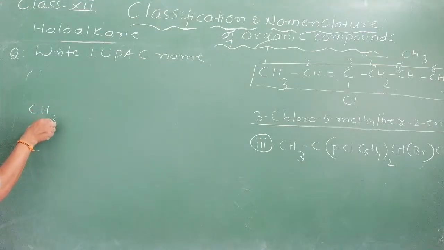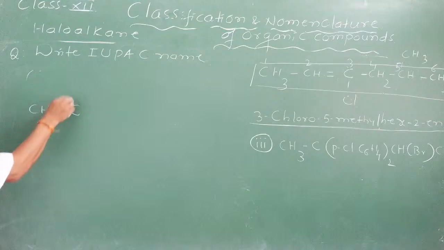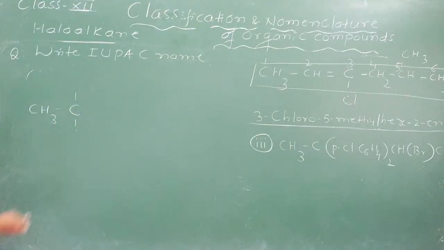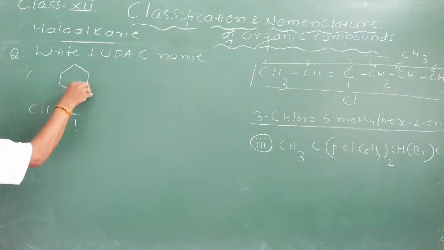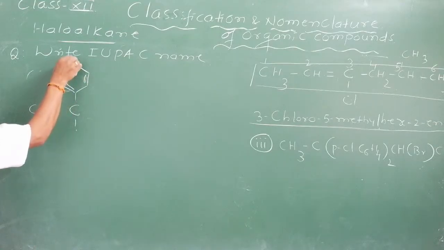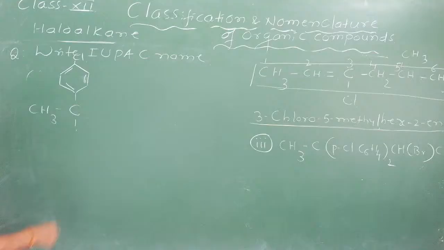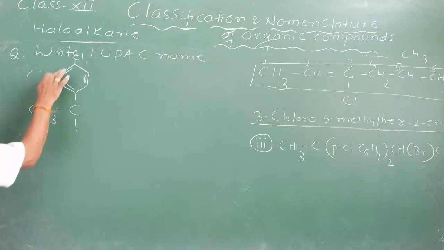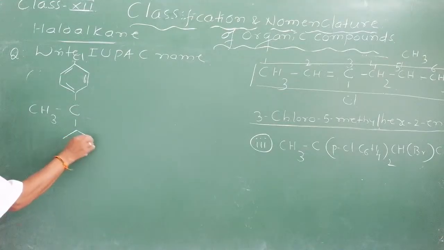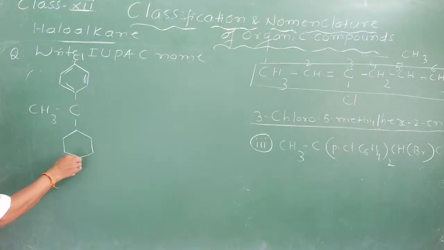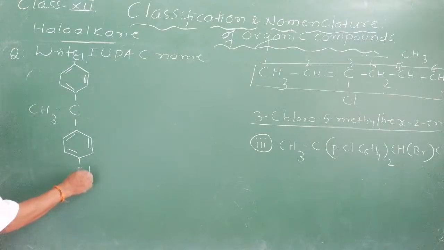CH3, C. There are 2 para chlorobenzene rings. Draw the diagram. C. Alternate double bond. Here there is chloro. Here also, para: 1, 2, 3, 4, para position. Here also there is a benzene ring. This is chloro.